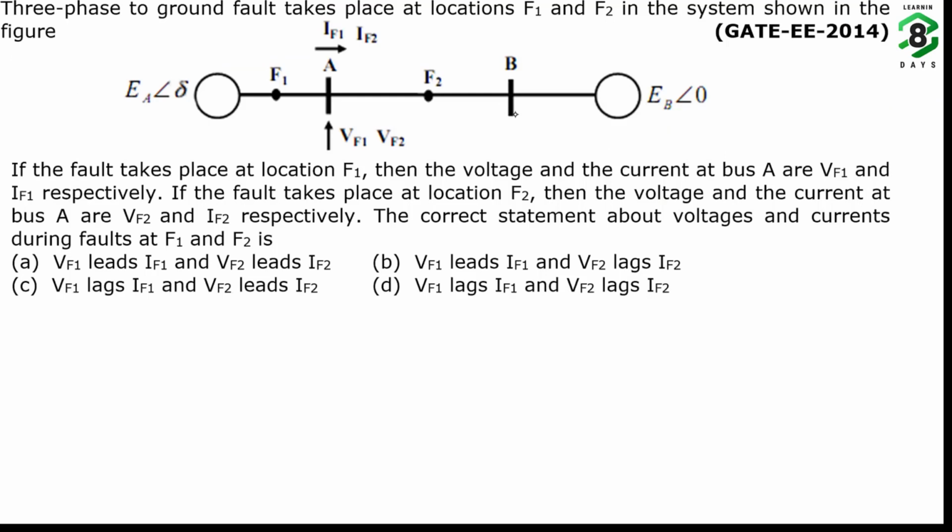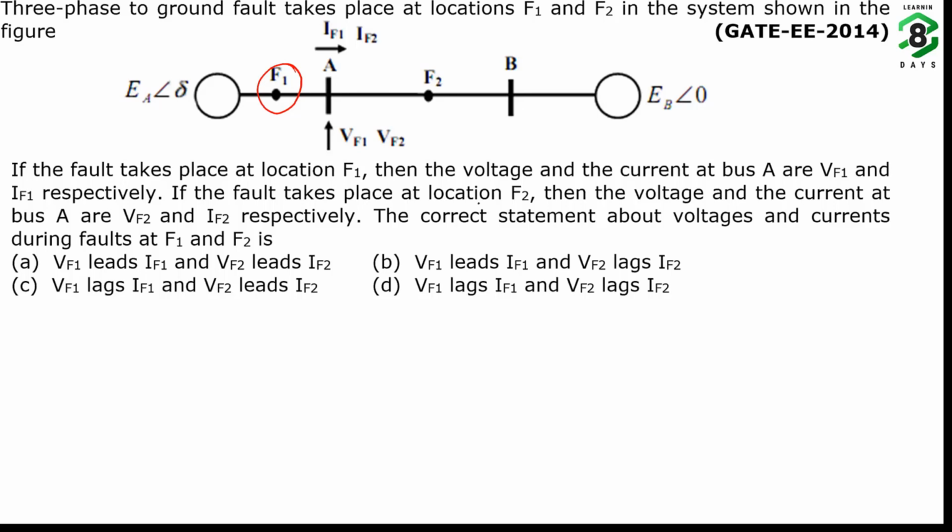A three-phase to ground fault, that means a symmetrical short circuit fault, a three-phase short circuit fault is occurring at the locations F1 and F2 in the system as shown in the figure. If the fault takes place at location F1, then the voltage and current at bus A are VF1 and IF1 respectively.